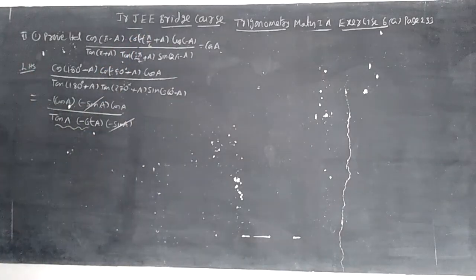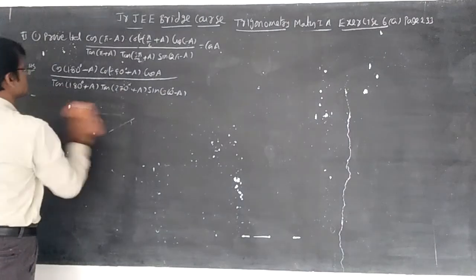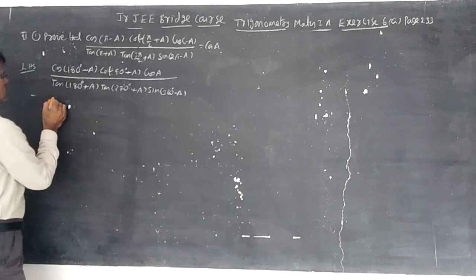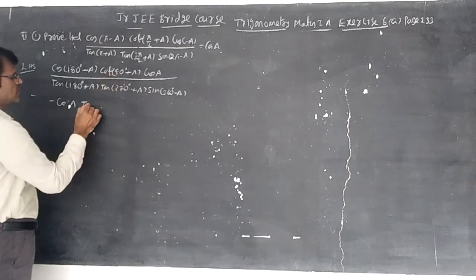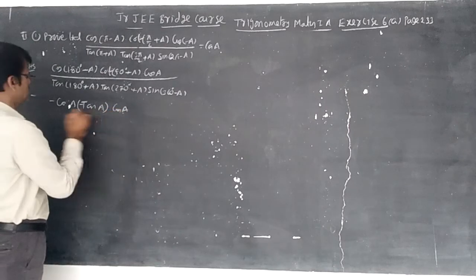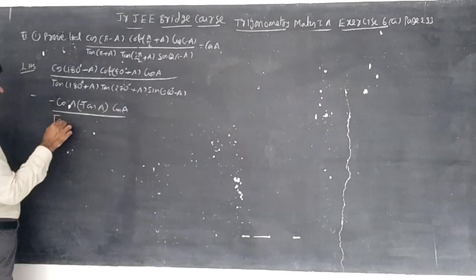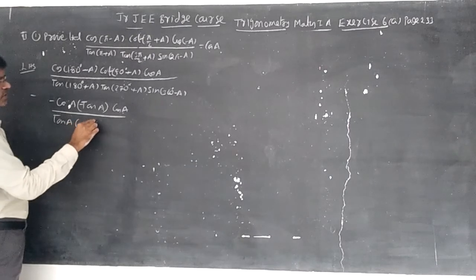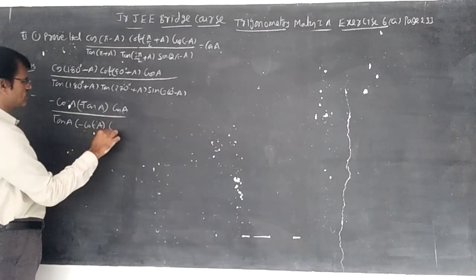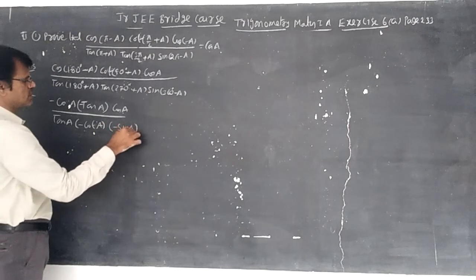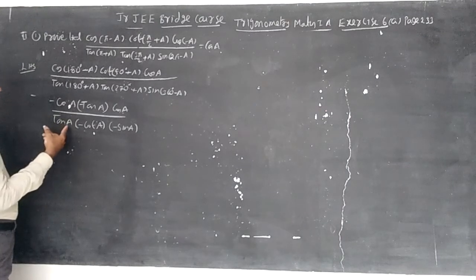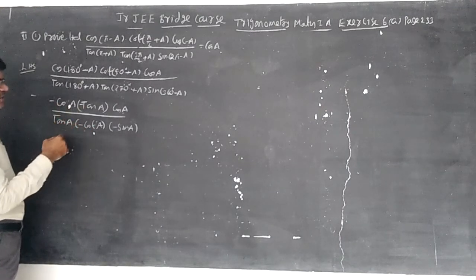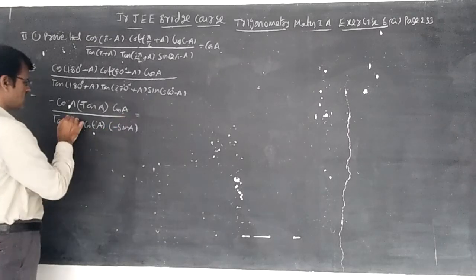So cot of 90 plus A becomes minus tan A. This is minus cos A, into minus tan A, into cos A, whole by tan A into tan 270 plus A, which is minus cot A, into sin of 360 minus A, which is minus sin A. So tan A into cot A becomes 1; minus of minus is plus. Tan A gets cancelled.